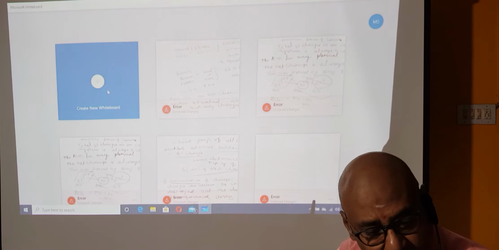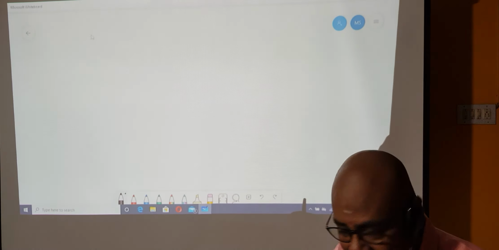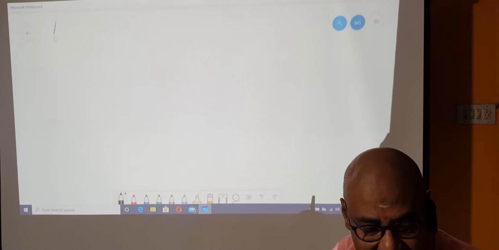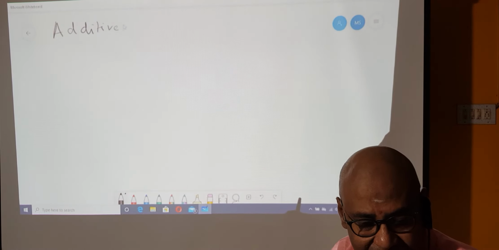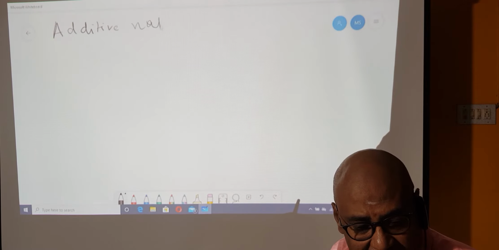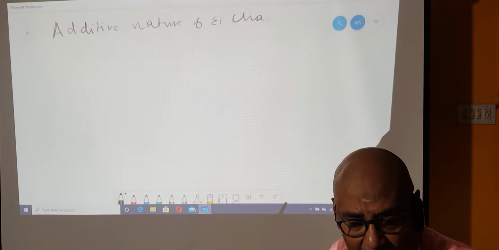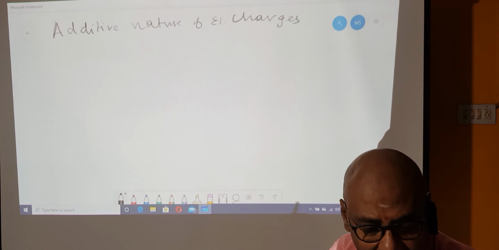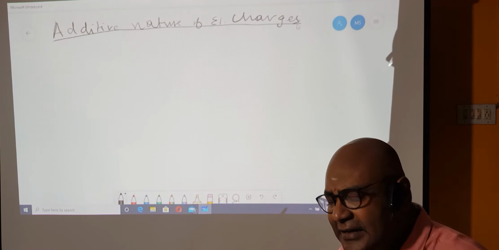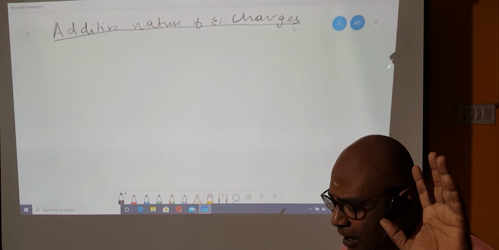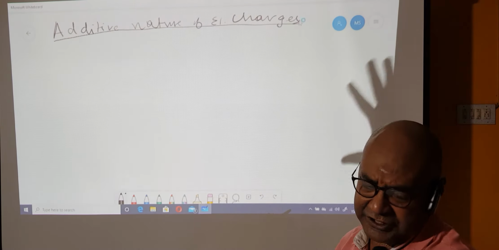But there is a fourth property also, and the fourth property is taken to be additive nature of electrical charges. What do you mean by additive nature of electrical charges?